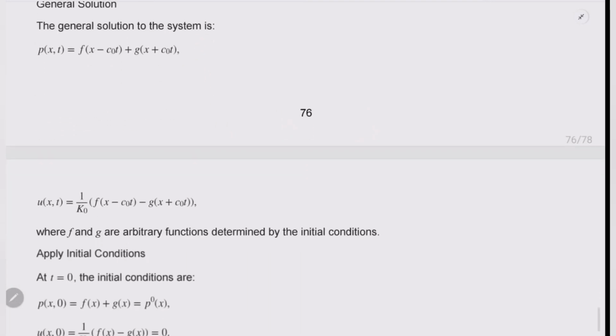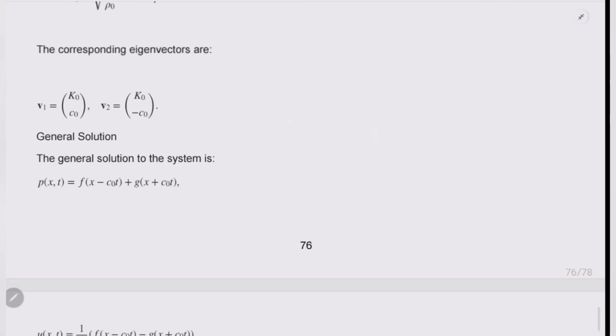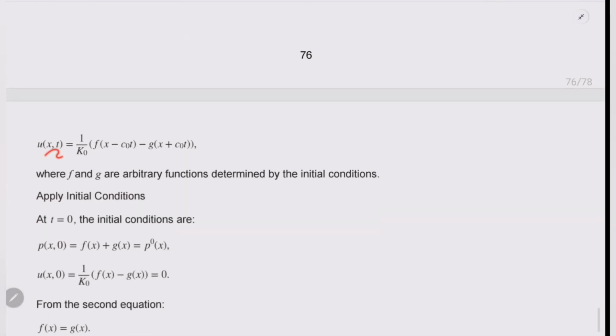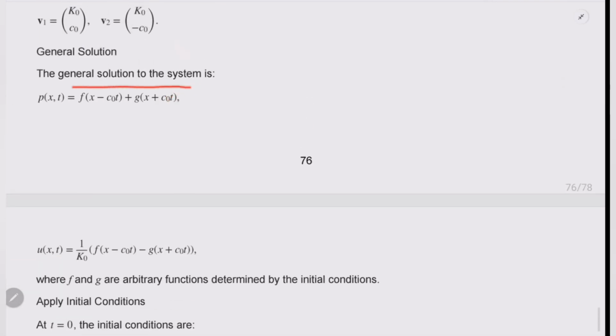So after that, there are two solutions, one for pressure and another one for u. The solution for pressure is written f of x minus c naught t and g of x plus c naught t, and the same goes for u. Otherwise, we could have only one solution.